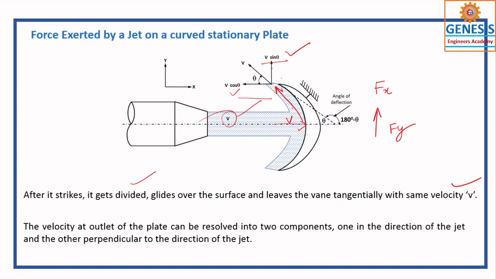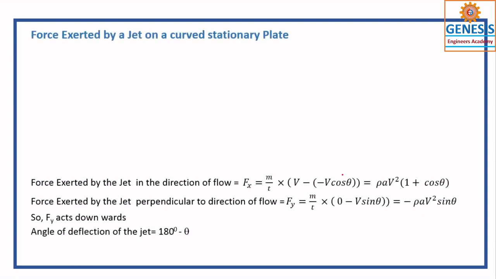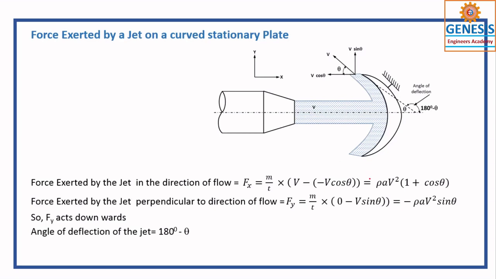The velocity at the outlet of the plate can be resolved into two components, one in the direction of the jet, the other perpendicular to the direction of the jet. This is the direction of the jet v, the initial velocity, and this is the component of v in the opposite direction, which you have to take into account.